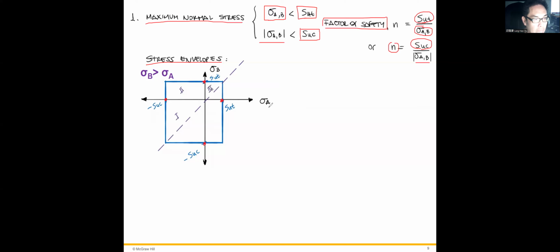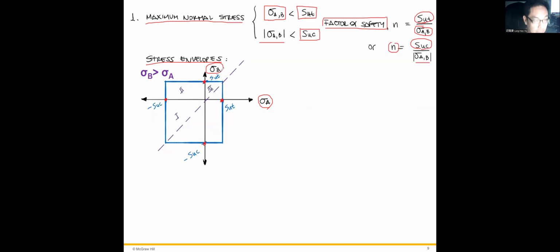The x-axis represents sigma A and the y-axis represents sigma B. These two axes represent the principal stresses.